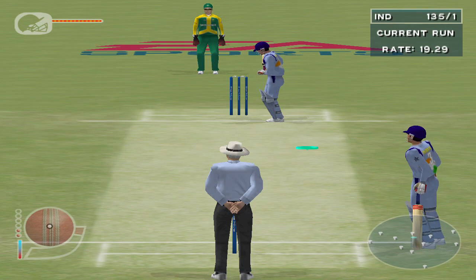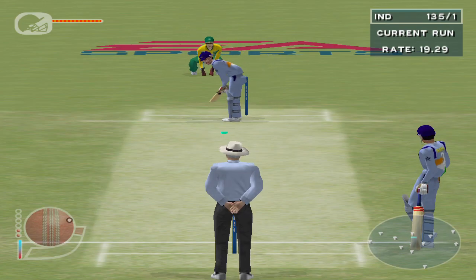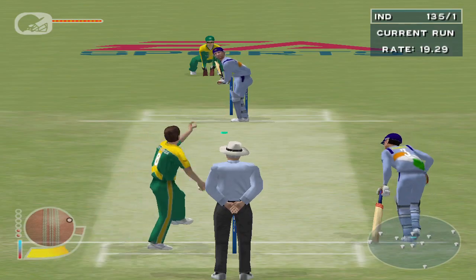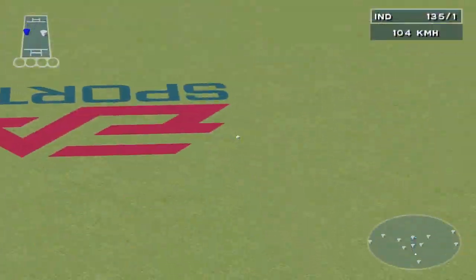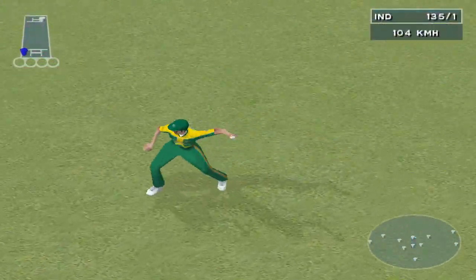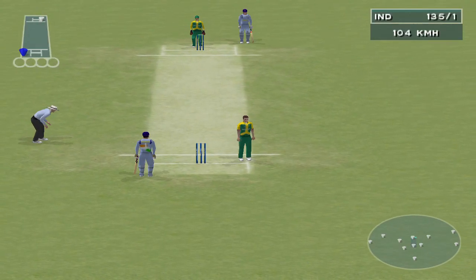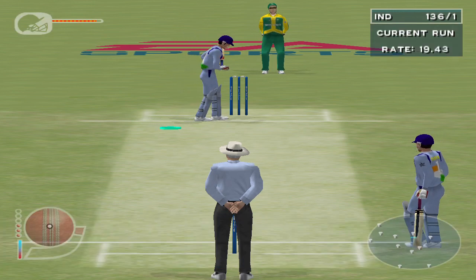Tendulkar waiting at the striker's end. It's in the air. And he's got away with it. India move on to 136.